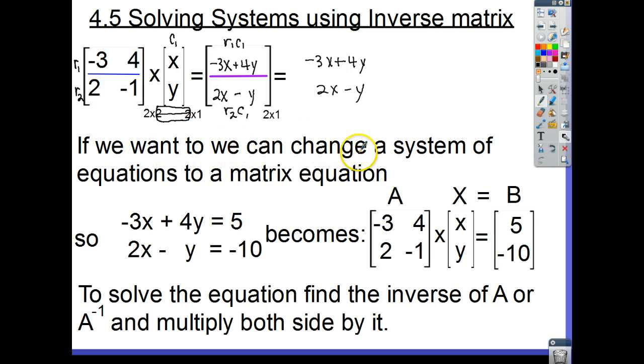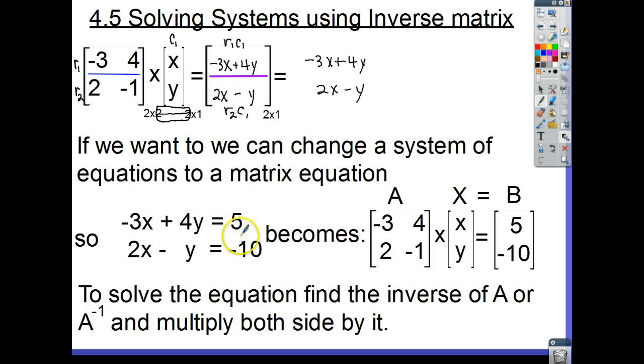If we want to, we can change a system of equations to a matrix equation by doing the following. So here's our system, and again, we've already worked with this left-hand side, and that's going to become this 2-by-2 times the xy that we had up here. And for this example, I'm going to call this 2-by-2 matrix A, and this column matrix xy, I'll call that x.